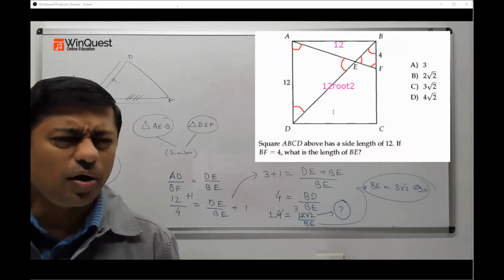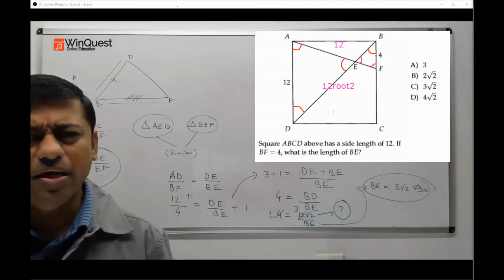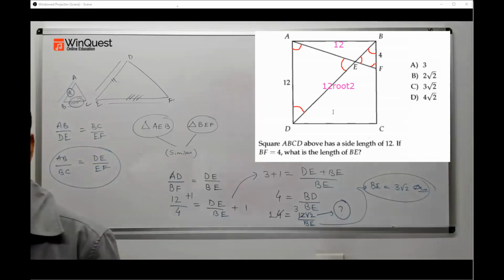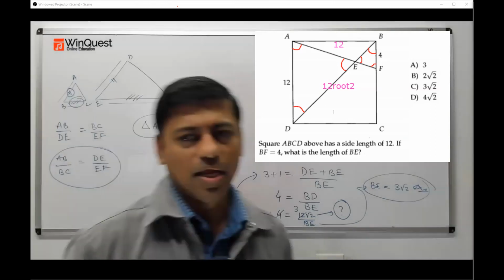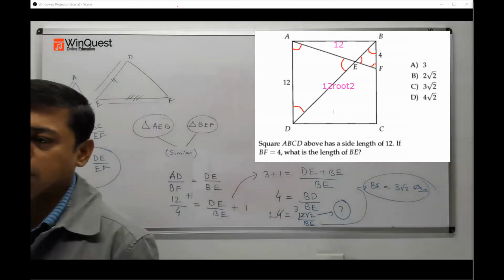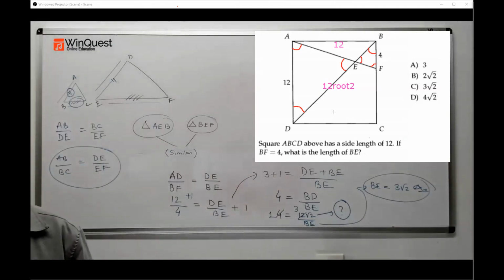How many of you got that sense, at least got some idea about what is happening here? At least 70% maybe? Yes, at least 70% understood, sir. This is what I'm trying to see, what do you guys think? Yes? Yes, sir.